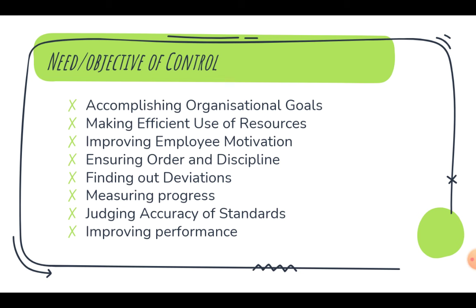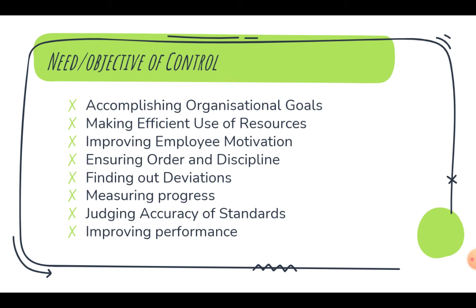Okay, so what they're doing here in case of judging accuracy of standards is nothing more than just trying to figure out whether the actual performance and the standard performance are in line with each other. If they're not, then redefine them. Okay, just change them. Just try to find a common point between those. And finally, we have improving performance.